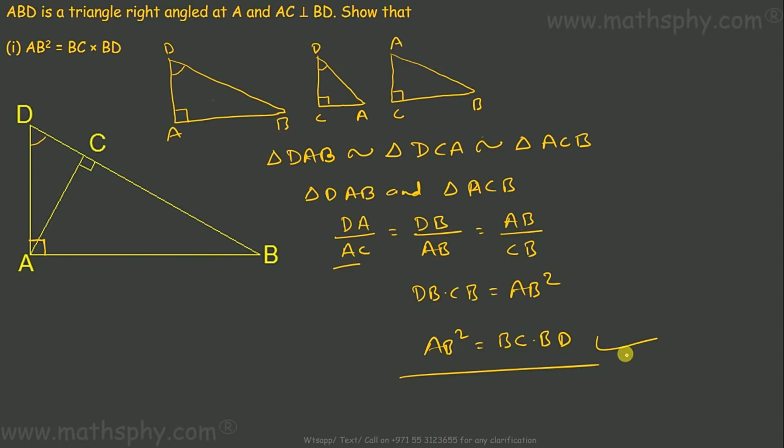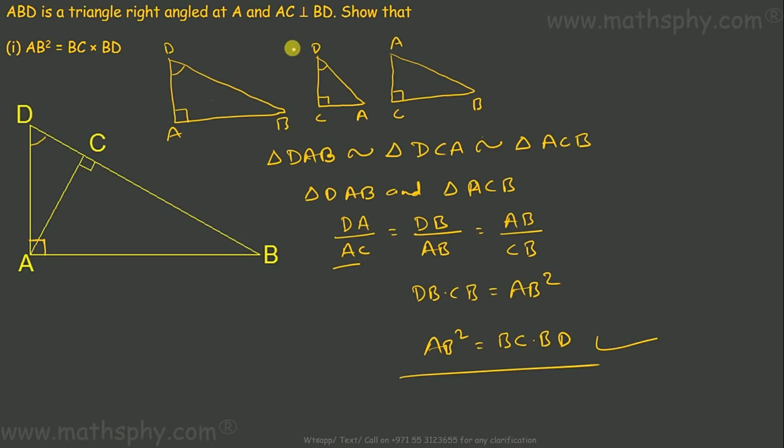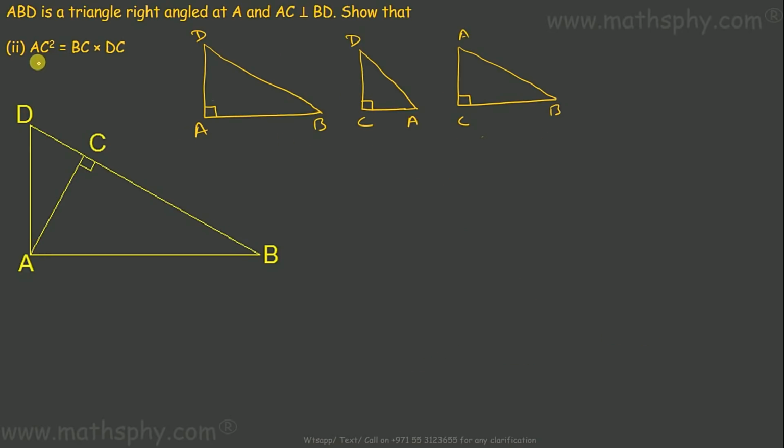Done? This one here, same way, let's draw three triangles exactly like this. Here I have AC square equals to BC into DC to prove. This has AC and this has AC. This has BC and this has DC. I'll take this triangle and this triangle. I'll write triangle DCA is similar to triangle ACB.